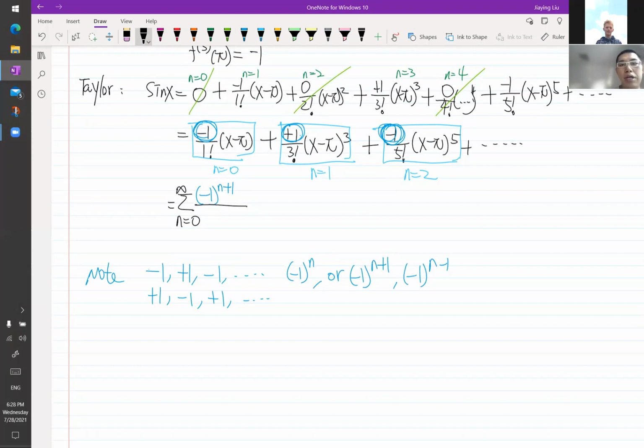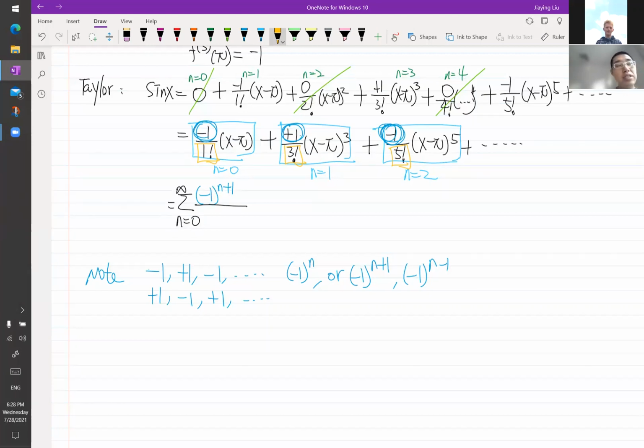What else? Well, in the denominator, we also have 1 factorial, 3 factorial, 5 factorial. So some number factorial. But how is it 1, 3, 5? 1 is related to 0 for n, 3 is related to n equals 1, 5 is related to n equals 2.